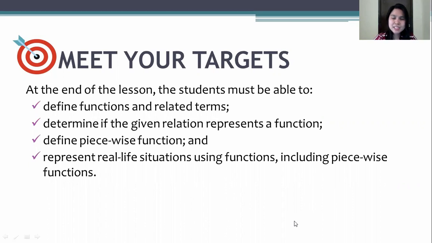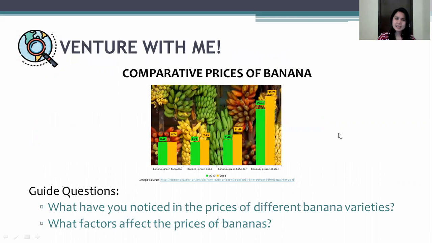Now, have you noticed the prices of bananas? Like when we compare it, what have you noticed in the prices of different banana varieties? Anyone can share? What could have affected the price of the banana?